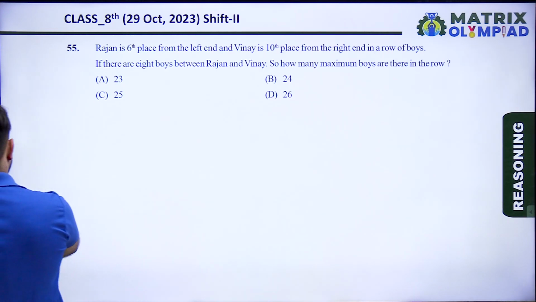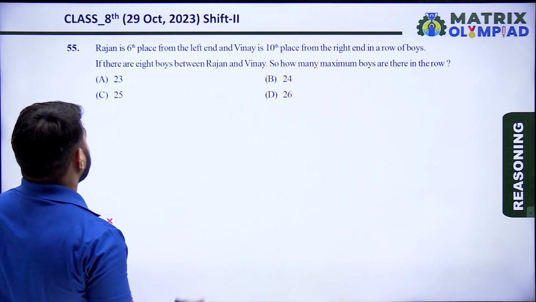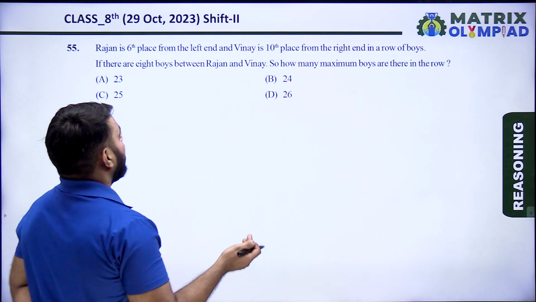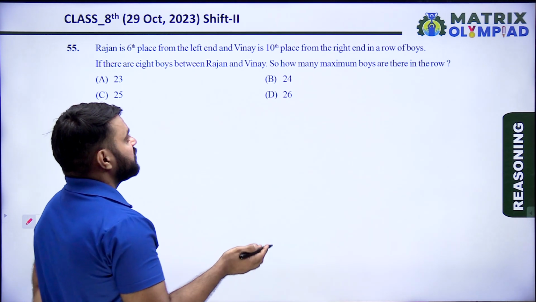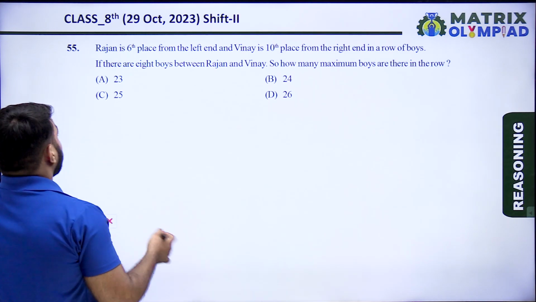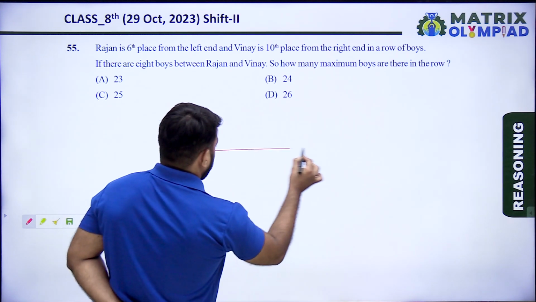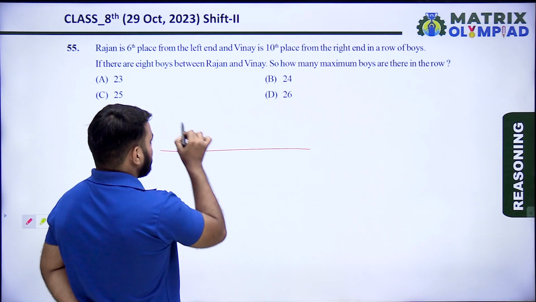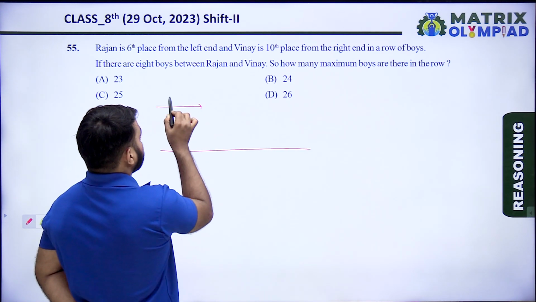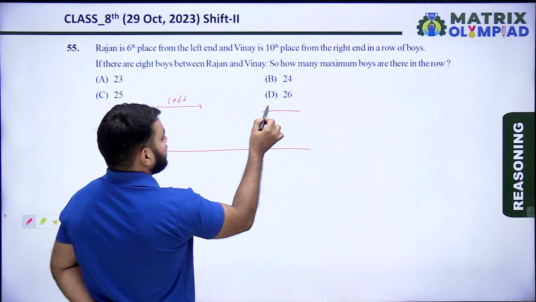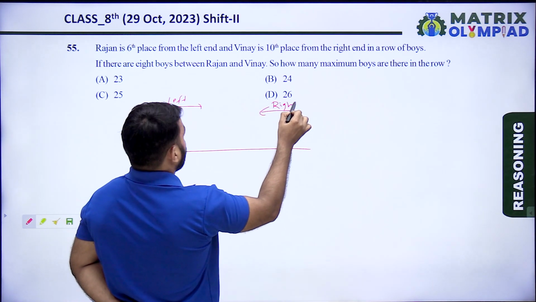So next question is question number 55. Rajan is 6th place from the left end and Vinay is 10th place from the right end in a row of boys. If there are 8 boys between Rajan and Vinay. So according to the question, this is the left end of the row and this is the right end of the row.